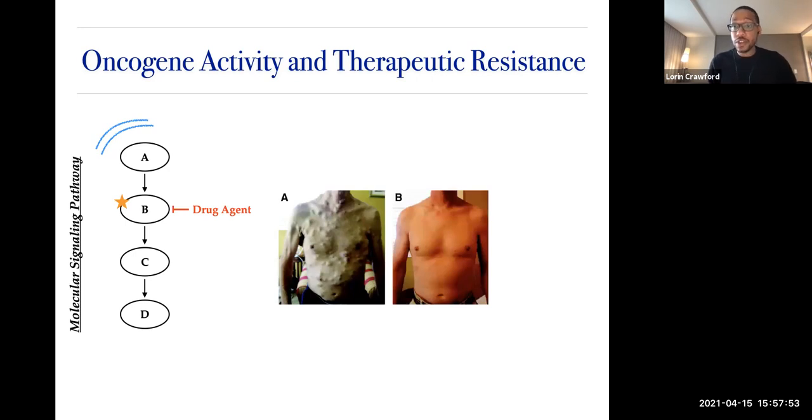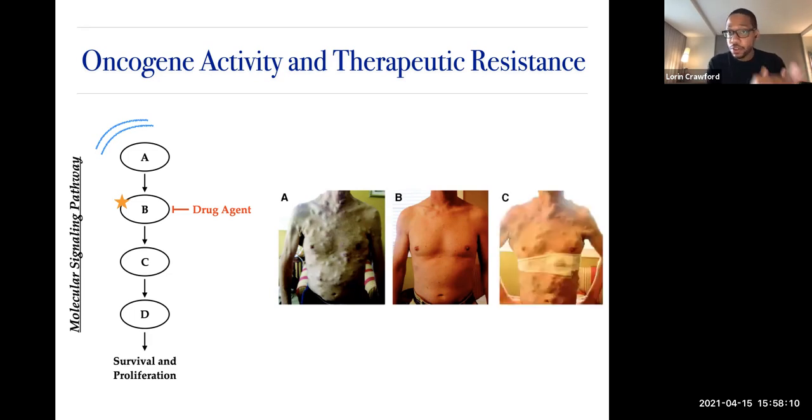Now, therapeutic resistance happens when this pathway somehow turns back on, either by some feedback loop, or other pathways in the cell that do similar things also get turned on, right? Or maybe something downstream is happening. Anyway, survival and proliferation is always happening, and irrespective of the drug still being applied, this patient now has tumor resurgence, right? And we have therapeutic resistance occurring.